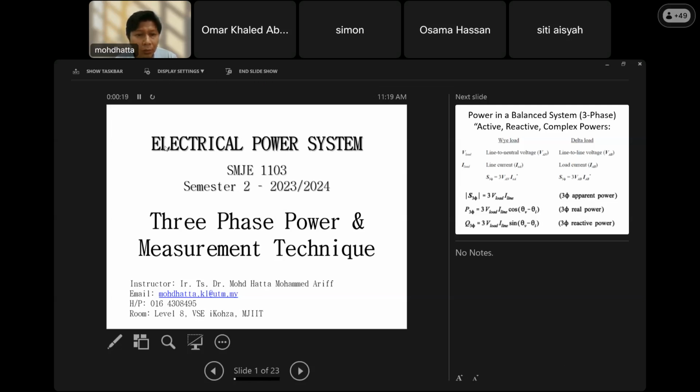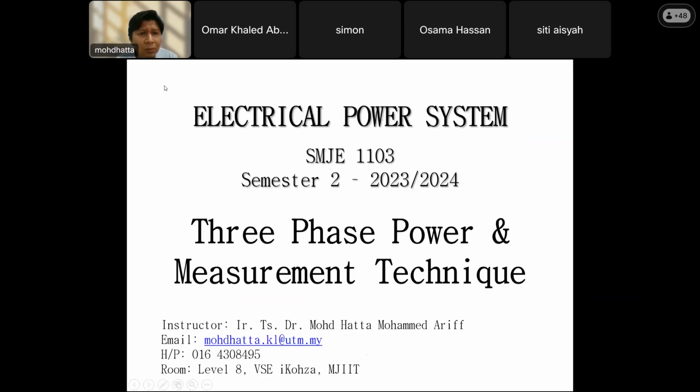Actually I don't know which screen I'm sharing, so I need your response. Which one is better? This one, sir. This one is the slideshow view, right? Slideshow. Yes, sir. All right. Okay.